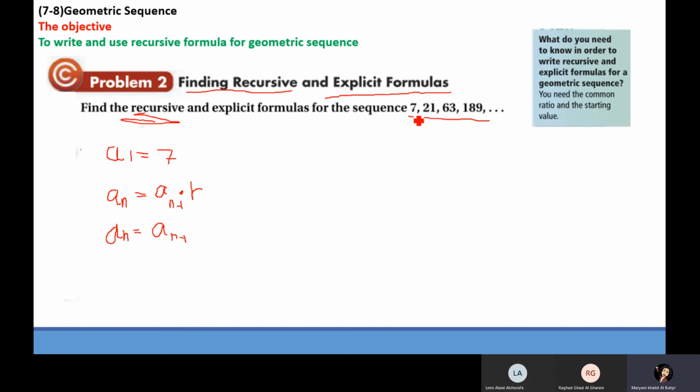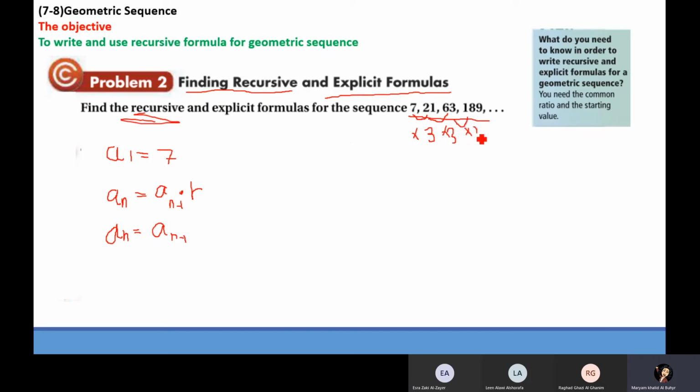If I want to move from 7 to 21, I'm going to multiply by 3, right? By 3. Same thing with this one, I'm going to multiply by 3. So that's my common ratio. I'm going to multiply by 3.